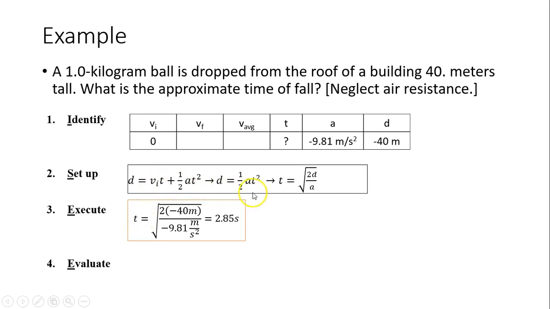The first term is 0. You solve for t, square root of 2d over a, and substitute, that's what you have. By the way, if you forgot the negative on the calculator, you will have an error. When you have an error, you should realize what you did wrong is the sign, okay? So, evaluate. The answer makes sense.